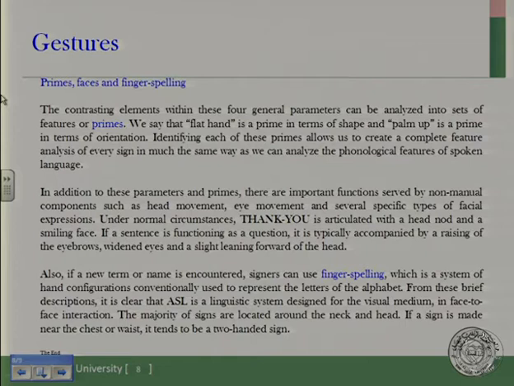Also, if a new term or name is encountered, signers can use finger spelling, which is a system of hand configurations conventionally used to represent the letters of the alphabet.